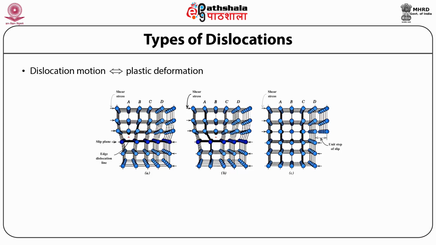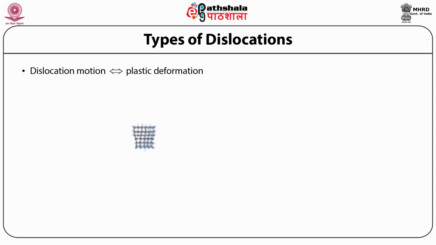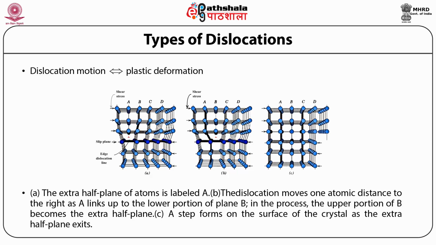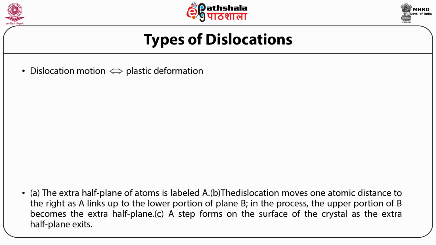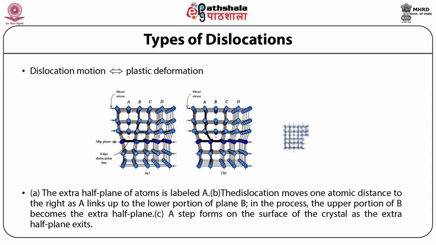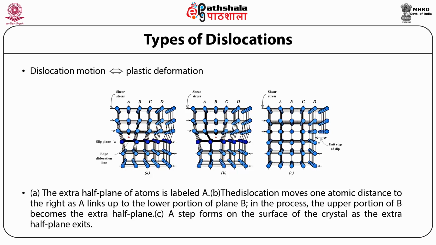The first part, which is the A part, shows the extra half plane of atoms labeled A. In the second part, the B part, the dislocation moves 1 atomic distance to the right as A links up to the lower portion of plane B. In the process, the upper portion of B becomes the extra half plane.